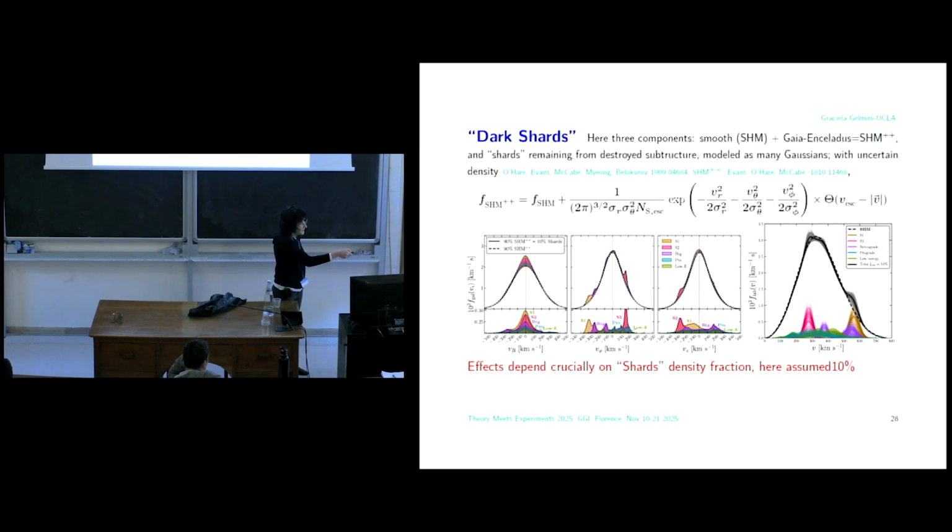So there will be the SHM++ line, and then some other spikes here and there. How large the effect is depends crucially on the density function in these shards. Here it is assumed that it's 10%, but it's rather arbitrary.